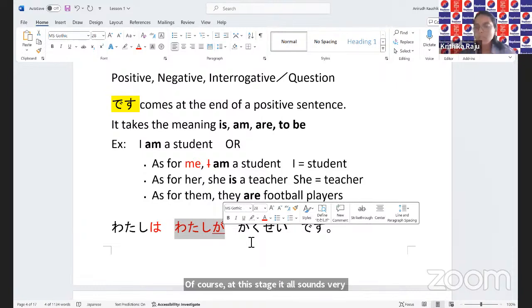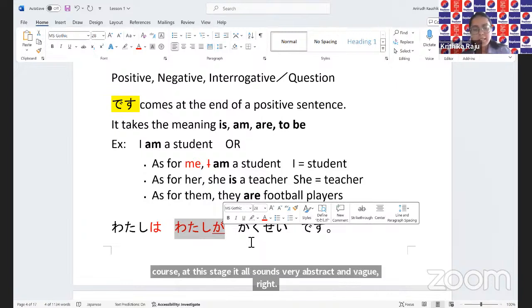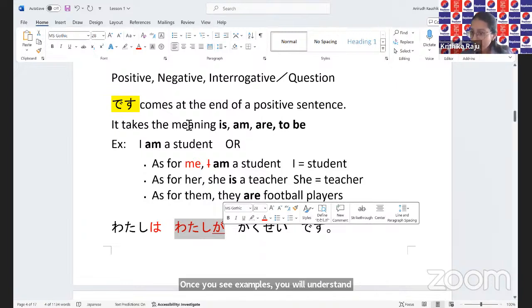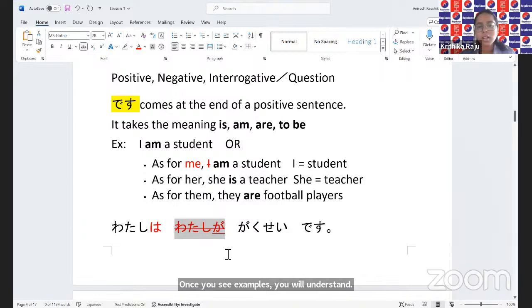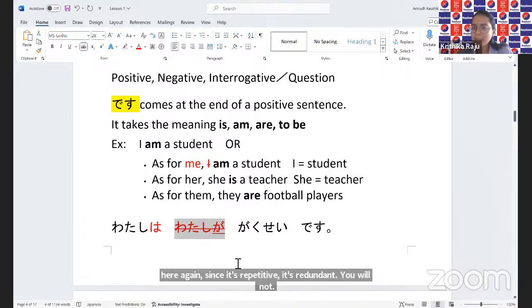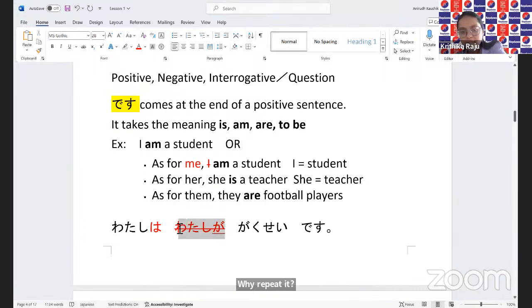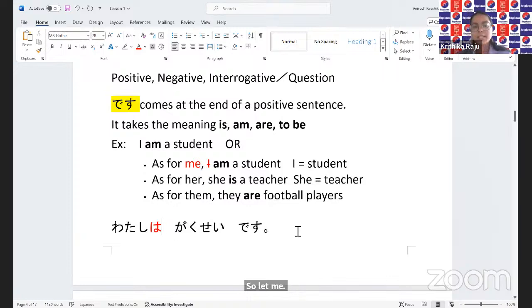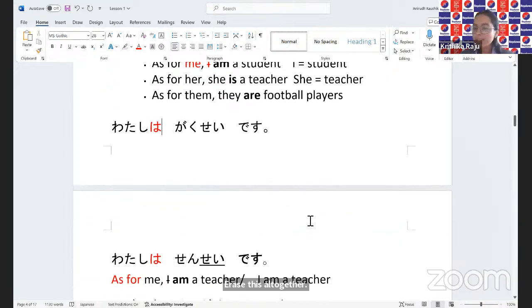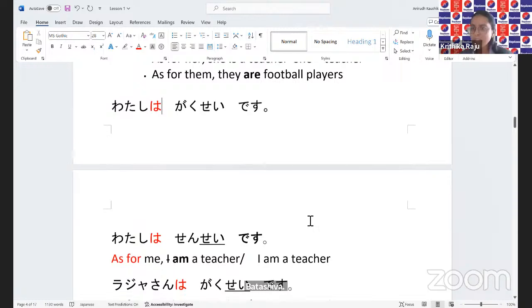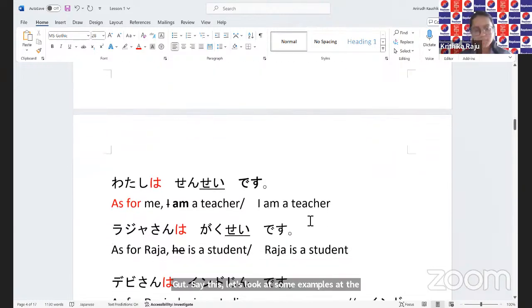Once you see examples, you'll understand. But here, since it's repetitive and redundant, you will not find it in your Japanese sentence. Why repeat it? So let me erase this altogether. Watashi wa gakusei desu. Let's look at some examples at the end of which you can ask me your questions.